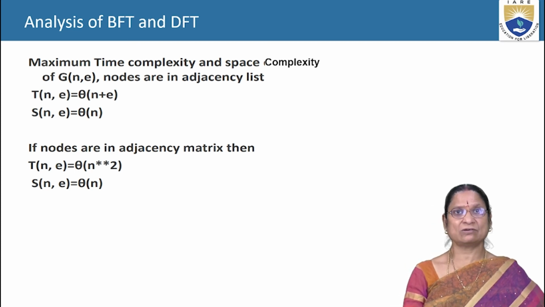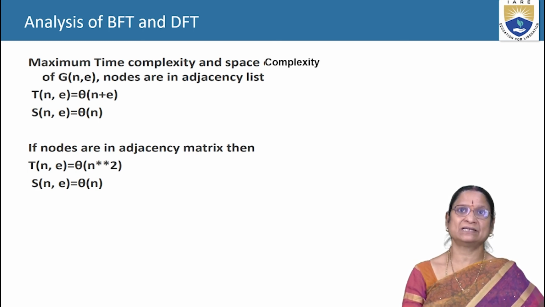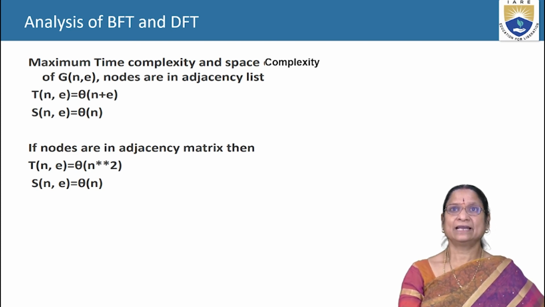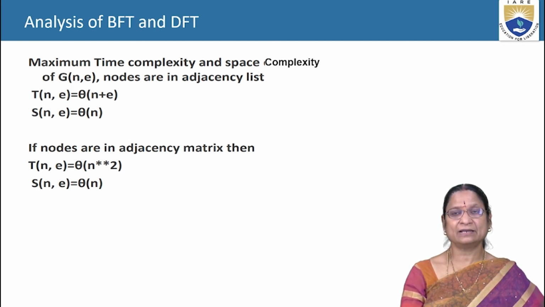But in both cases, auxiliary space, either stack or queue, whatever it may be, the size of the additional space is order of n only. So that's why for graph algorithms the time complexity depends upon how the graph is internally implemented or represented, and based upon that, the time complexity varies.